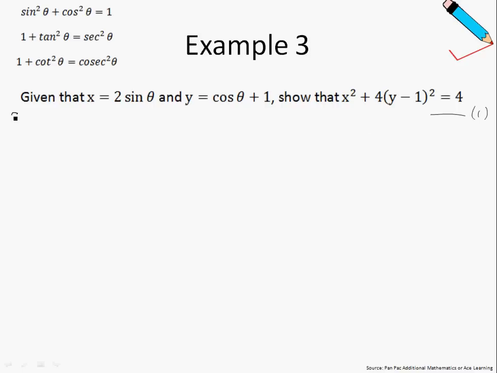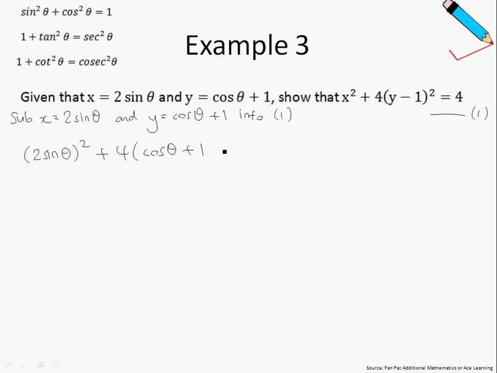If I sub x equals 2 sine theta and y equals cosine theta plus 1 into equation number 1, what will I get? So (2 sine theta) squared, this is my x squared, plus 4 times y, which is (cosine theta plus 1 minus 1) whole thing squared.